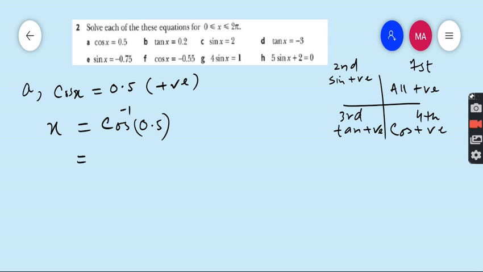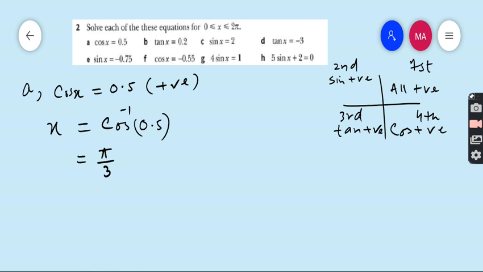First you have to convert the mode of your calculator to radians and then find cos inverse 0.5. You will get pi by 3.